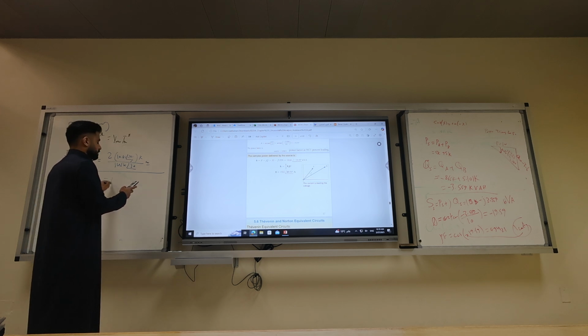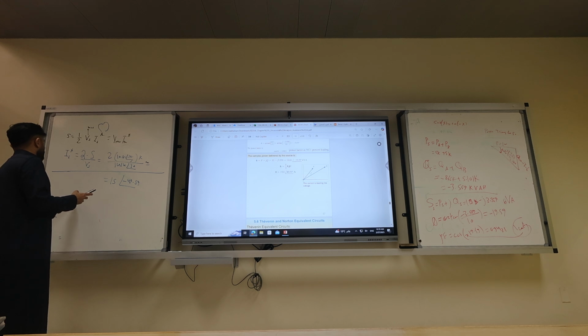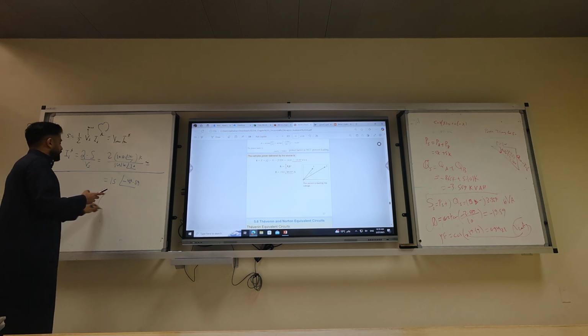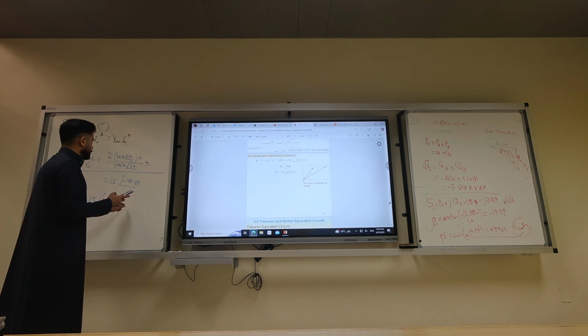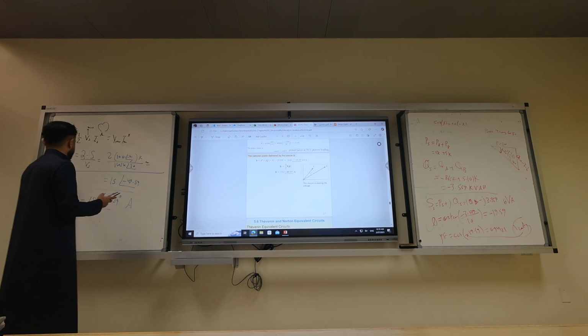So that is 15 angle minus 49.59. This is I conjugate. So I of S is what? 15 angle positive 49.59. The unit is what? Amps.